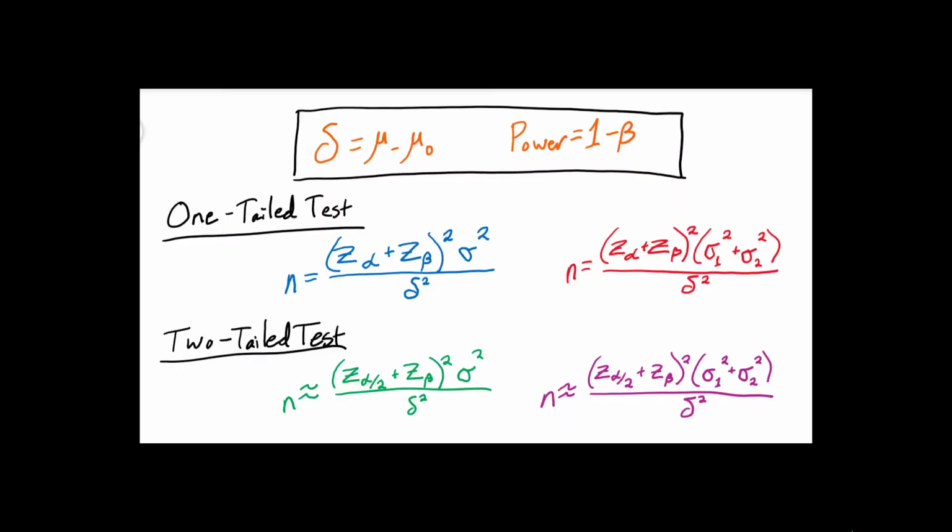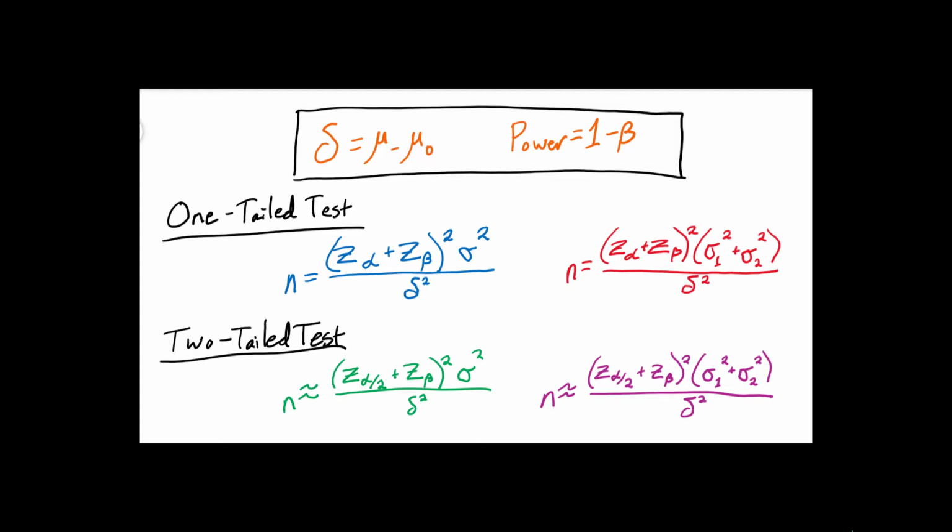Now, we're going to talk about power and determining sample size so that we have a certain power. Another thing that we might be interested in is how we choose a sample size so that our test has a certain power. So the power of a hypothesis test is computed by taking 1 minus beta.